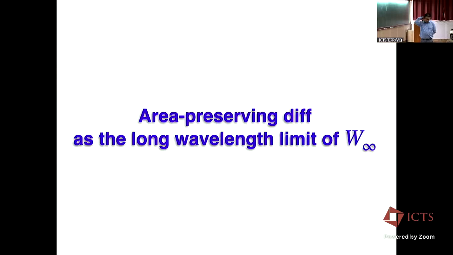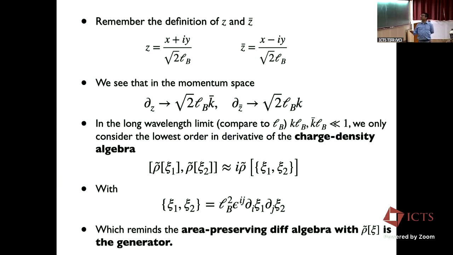So now I can argue that area-preserving diffeomorphism is the long wavelength limit of W infinity. It is quite trivial to show. Remember the definition of z and z bar has the following form. So dz is nothing but the magnetic length multiplied by momentum. In the long wavelength limit, when you take the momentum k multiplied by the magnetic length, it is very small compared to 1.